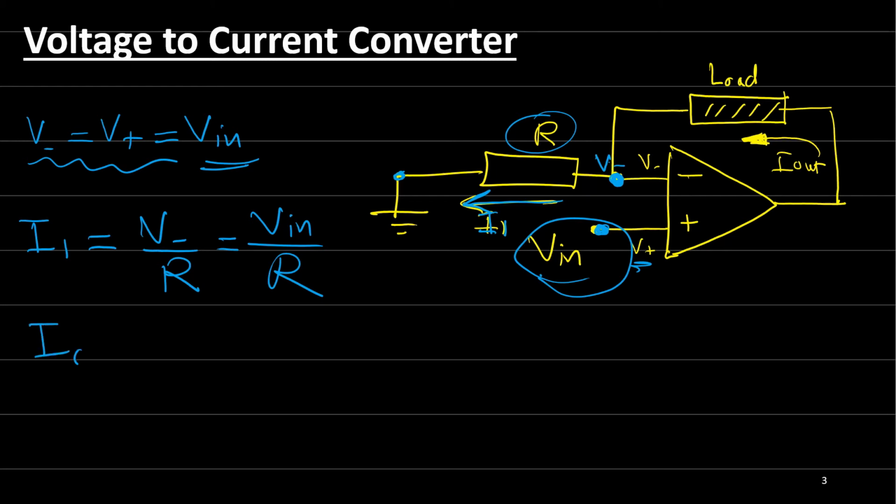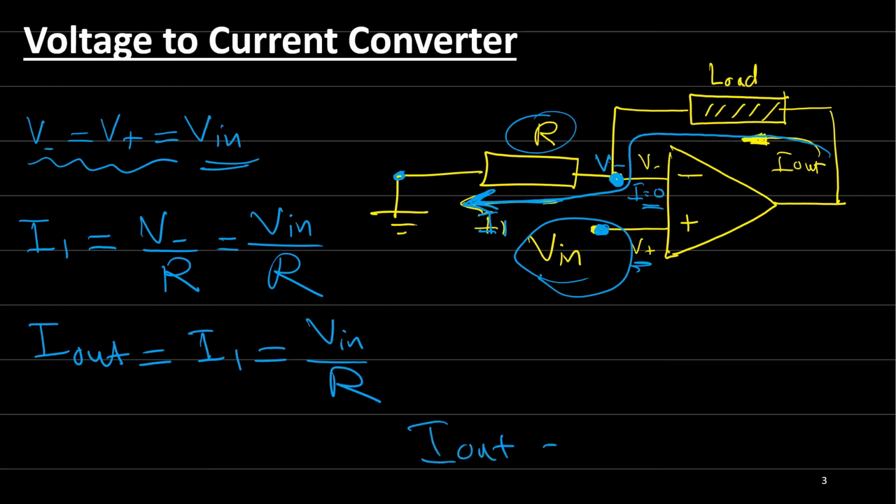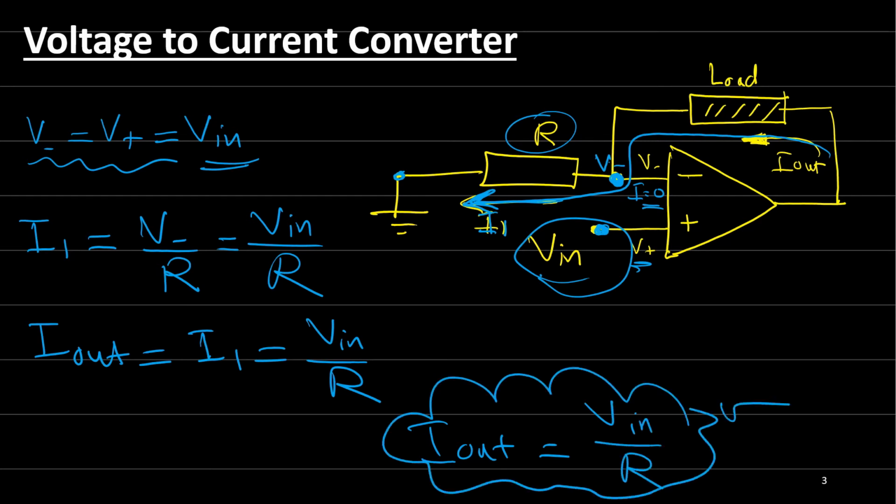So finally, we can say that I out equals I1, because using the current rule, the current into the input is 0. And this equals V in over R. Altogether, I out equals V in over R. This circuit is what we call a voltage to current converter.